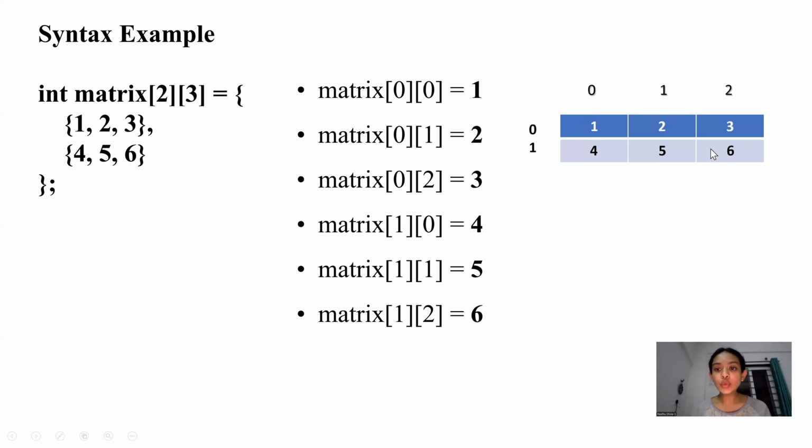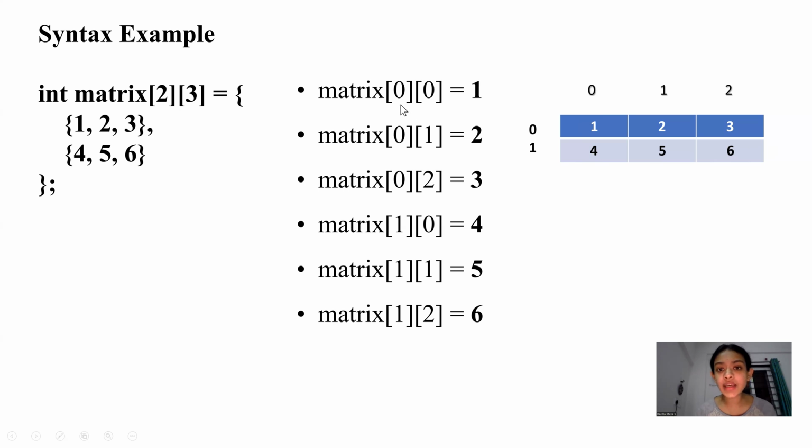That is a 2D array. I have 3 columns, 1, 2, 3, and 2 rows.